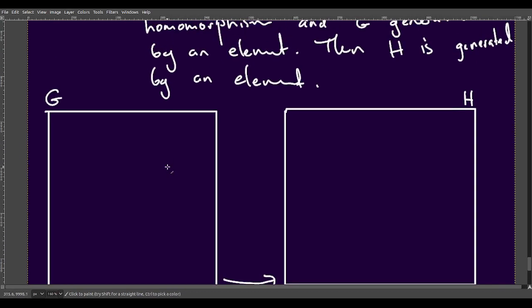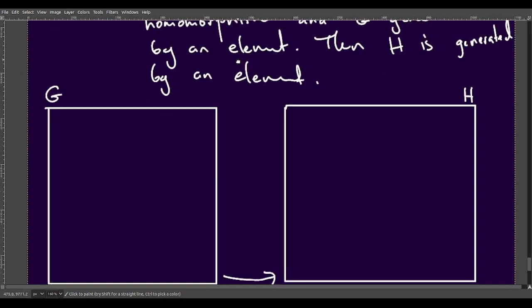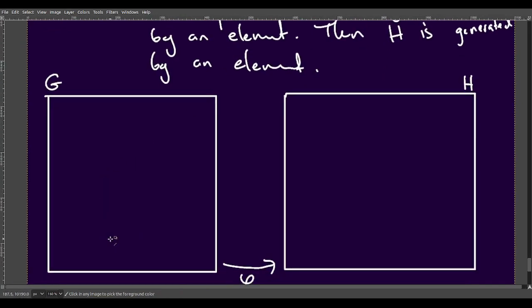Another fact about this setup is that G is generated by an element. So there is some special element in G, let's call it S, such that any other element in G, I'm going to call this one T, we can re-express as S to the power of K, where to the power of just means repeating the same binary operation again and again, K times.